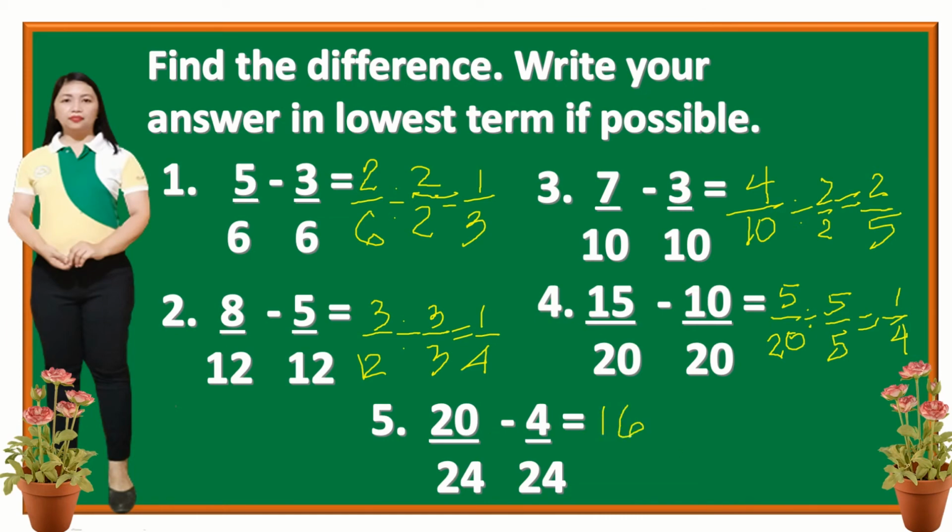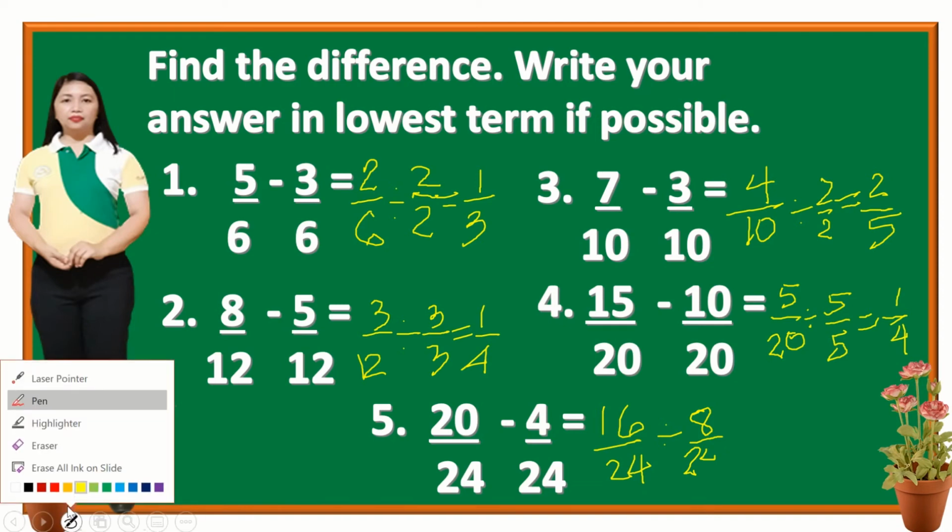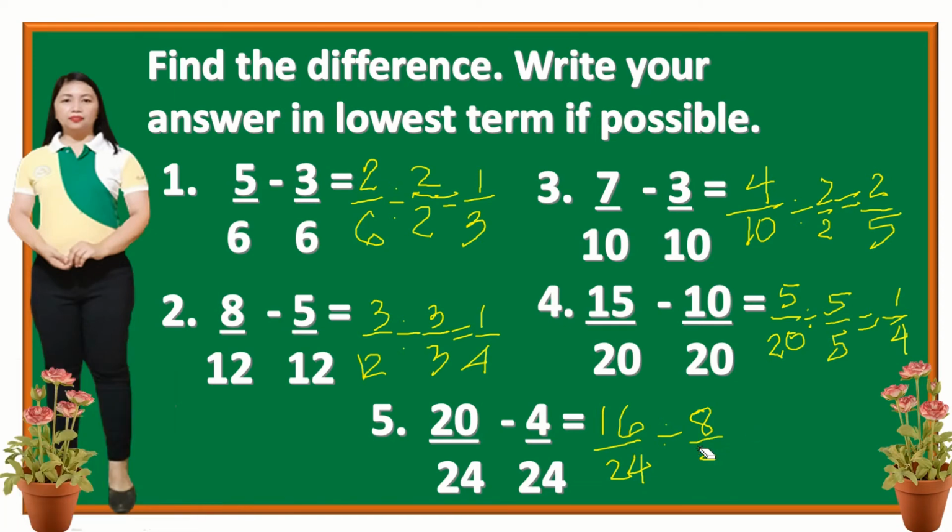That would be 16 over 24. This is still not in lowest term, so we will reduce it by 8. Wait, we will erase that. Where's my eraser? Okay, thank you.